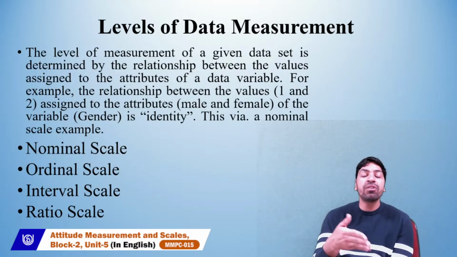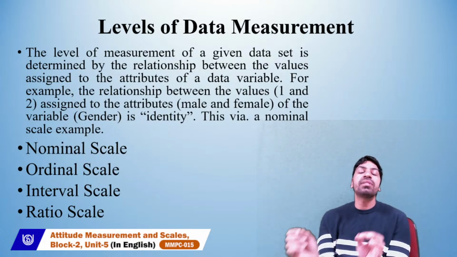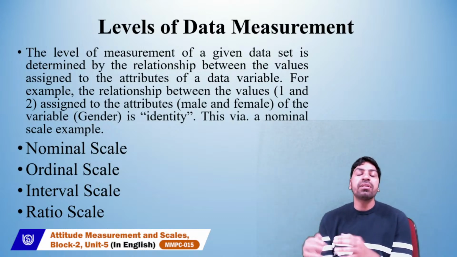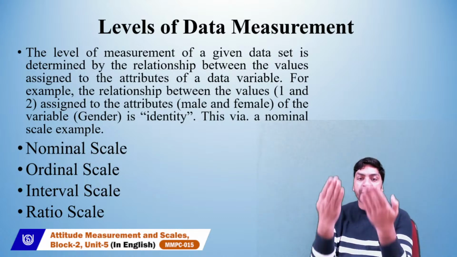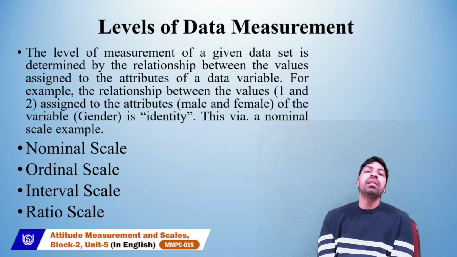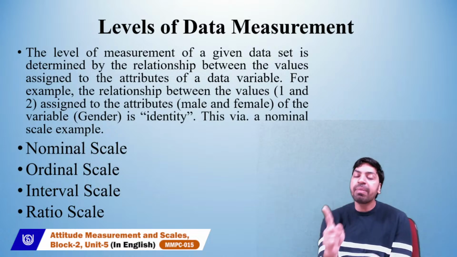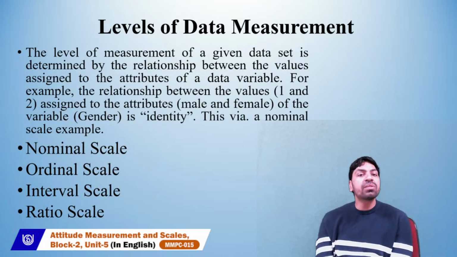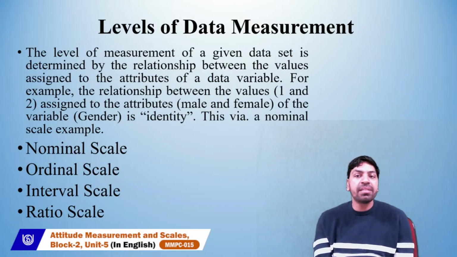As I said, if I talk about the income of the student, that is less than 10,000, then 10,000 to 20,000, then 20,000 to 30,000, and I assign numbers or alphabets to these options of the question, that becomes scaling. That becomes the scale of those response options. So that is called the measurement scale.